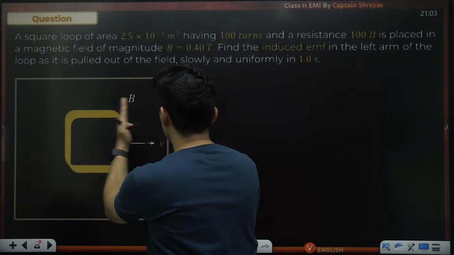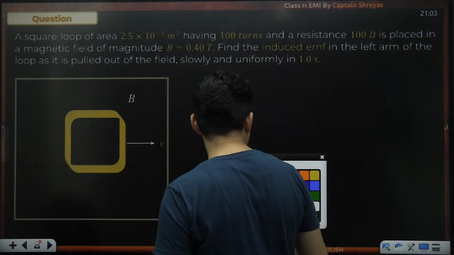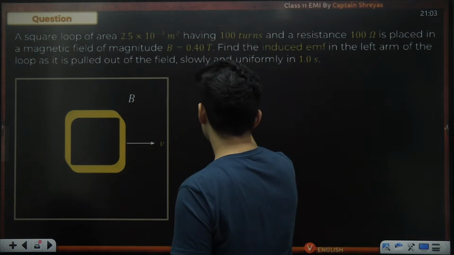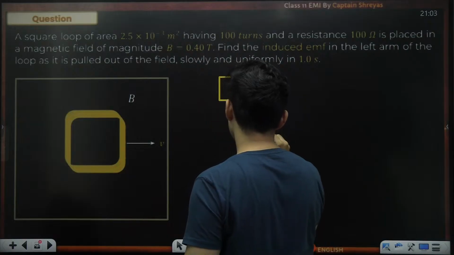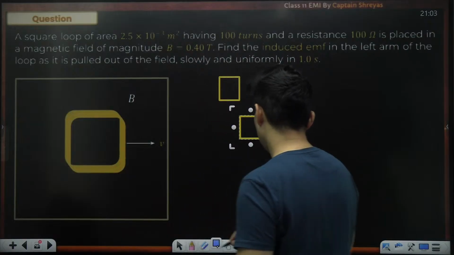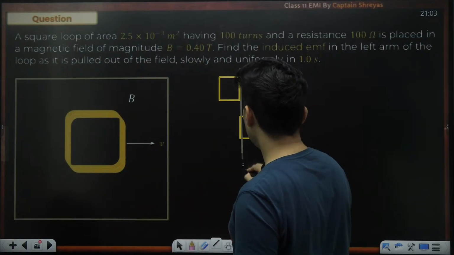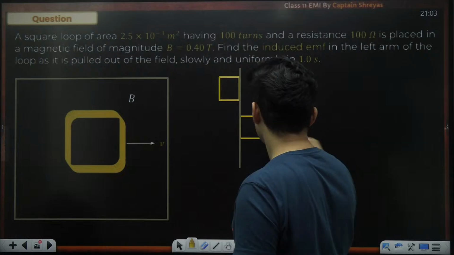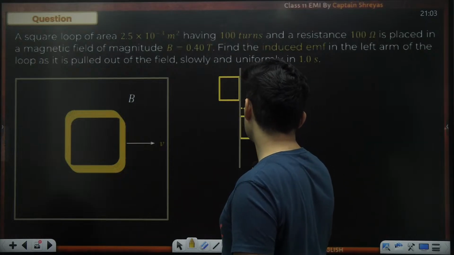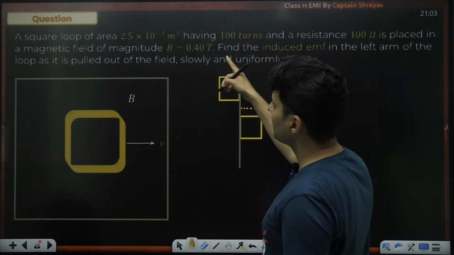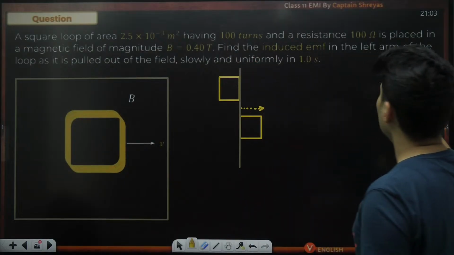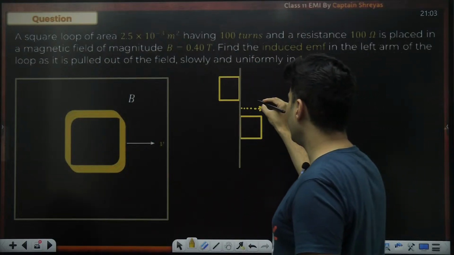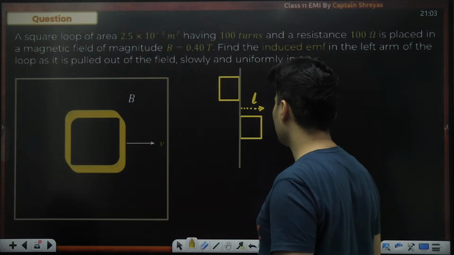So if this particular loop is being pulled out, think like this. This loop was here and finally it is out like this. This is the ending part. So my loop has moved this much, which is having some area, some turns, etc. We can find that length.